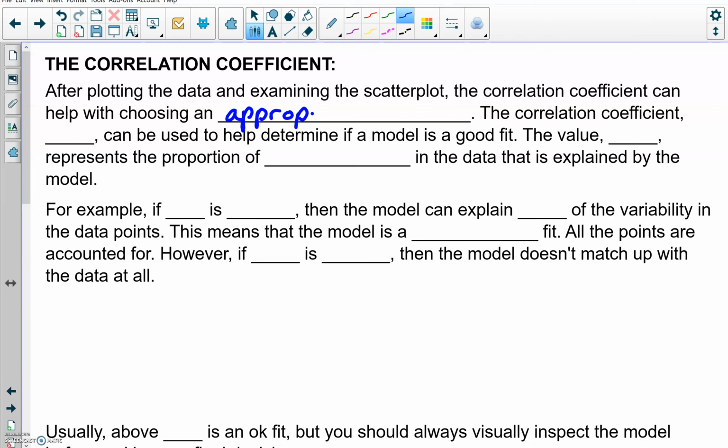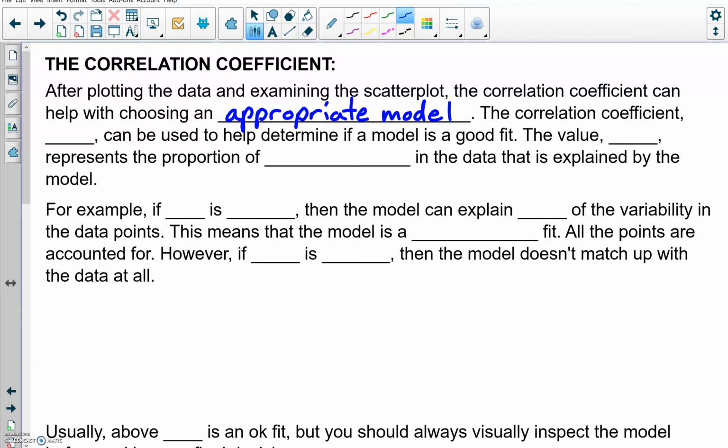And there is going to be some trial and error with this, so don't get discouraged, and maybe don't stop at one. Maybe try a couple if you're unsure. Oh, is it exponential or logistic? Maybe try a couple of different ones. Some of them are a little clearer, but sometimes the data, it's like, well, it could be exponential or linear. It looks close. And this correlation coefficient can help you choose the appropriate model.